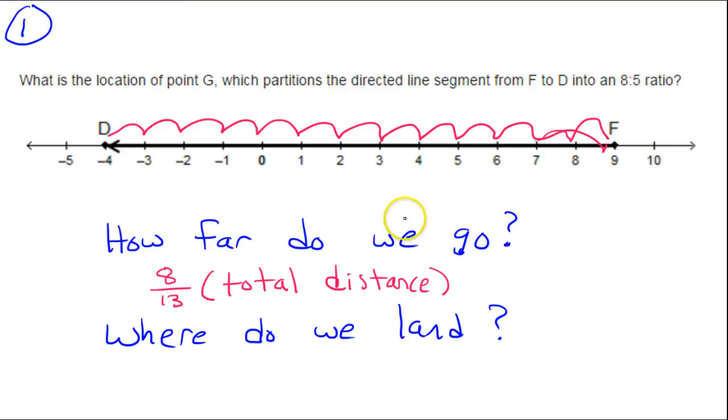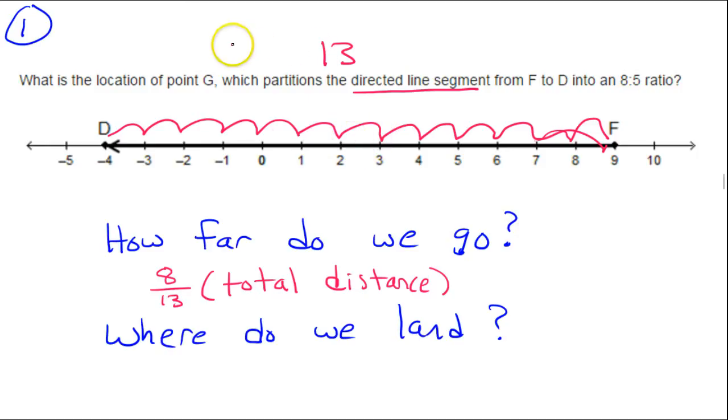But there's two things. First of all, we're dealing with directed line segments. We have direction. To capture the direction, are we moving 13 to the right or 13 to the left? When we talk about this total distance, I'm going to include the sign.